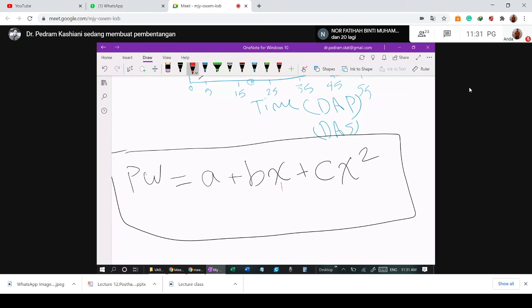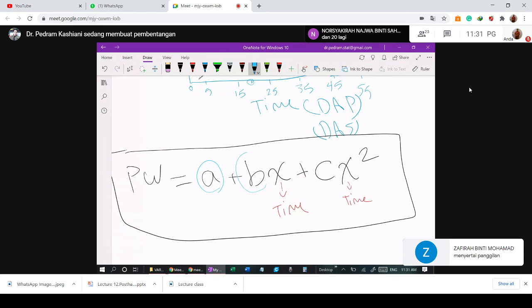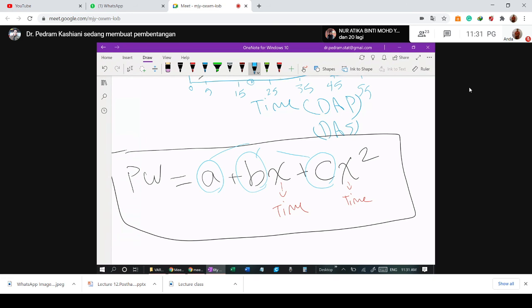X is time. This is time, and time to the power of 2. What are this A, B, and C? These three, we call regression constants. They are numbers that you find by calculations.